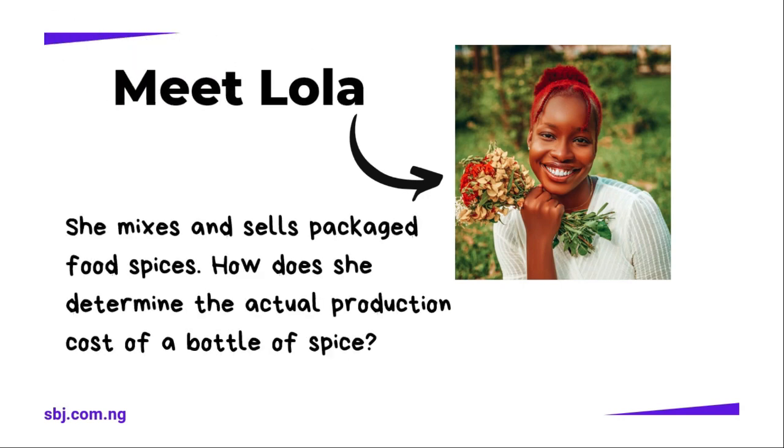So in this scenario, we're going to be meeting this beautiful lady. Her name is Lola, and she mixes and sells packaged food spices. So in this scenario, we're going to talk about how she determines the actual production cost of a bottle of spice.